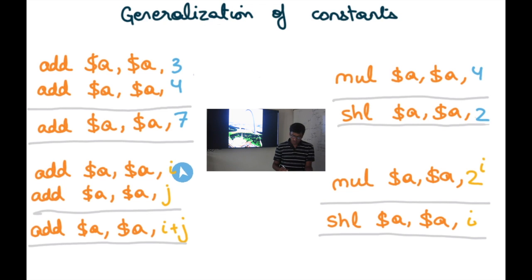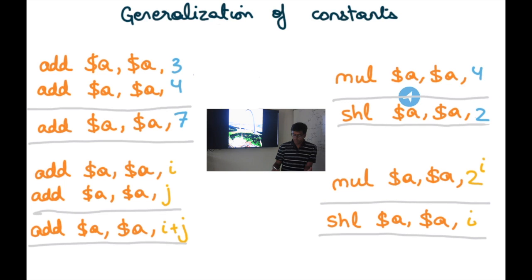And so this is more general because I can now pattern match with 3 and J can pattern match with 4, and I plus J would be equivalent to 7 in that case. But I and J can also pattern match with different other constants as well.